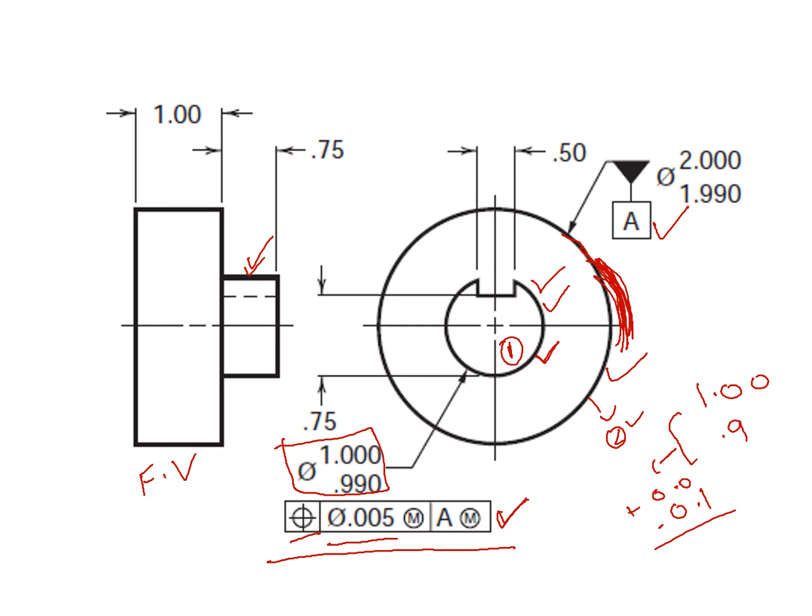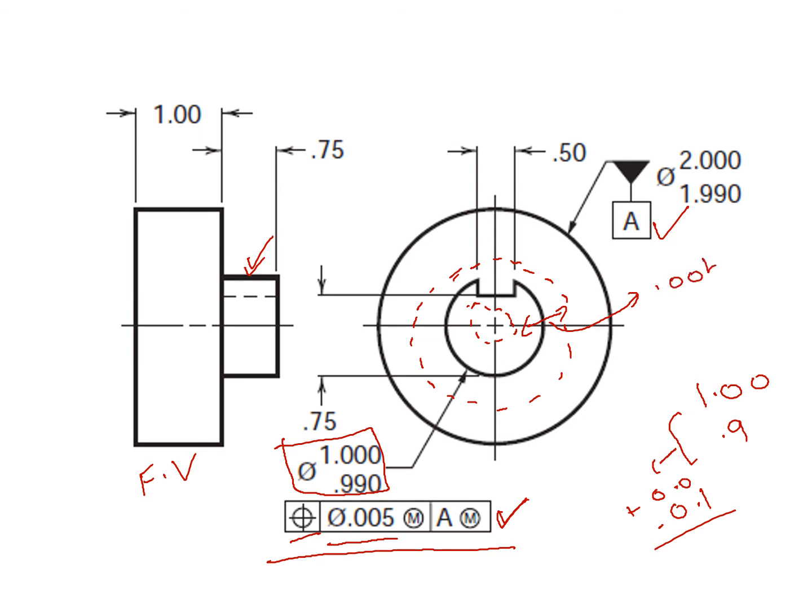For example, if you would like to draw an envelope for this tolerance zone, then it will look like this, that the position, let's say this and this right here, and let's say that this distance is equal to 0.005.